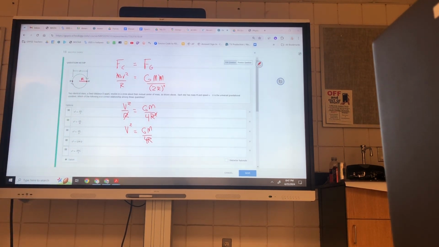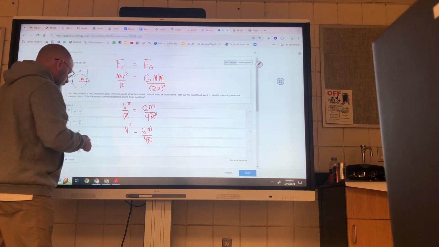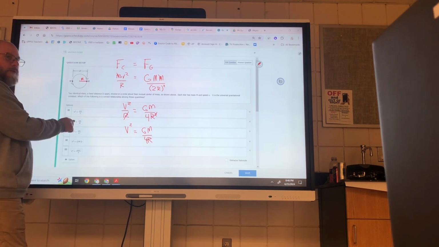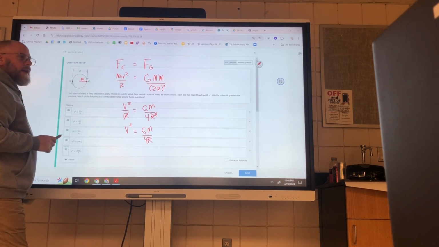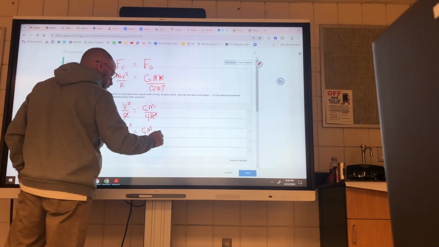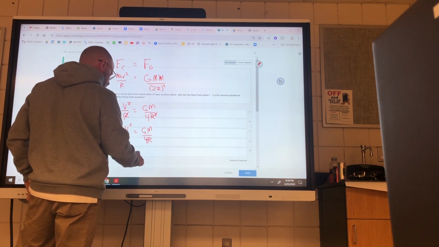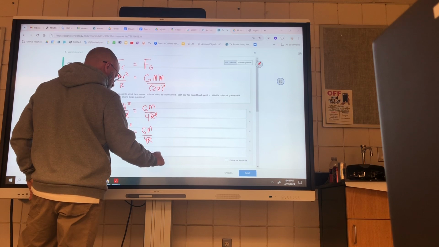Uh-oh, that's not an answer. Oh, yes it is. Because they have it in terms of what? They have it in terms of D. What is D? D is the fixed distance, the diameter distance. So 2D, so it'll be 2D. Cool.